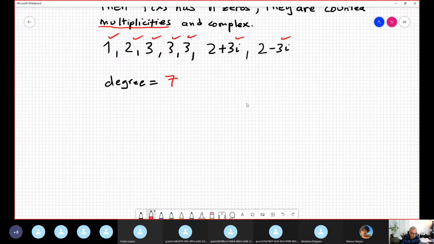Okay, suppose in the test it is given this. Find the equation of a polynomial.